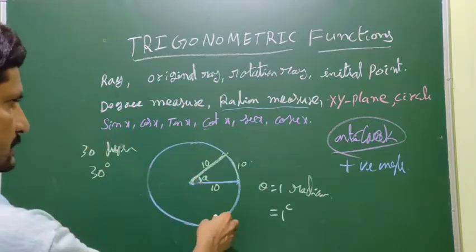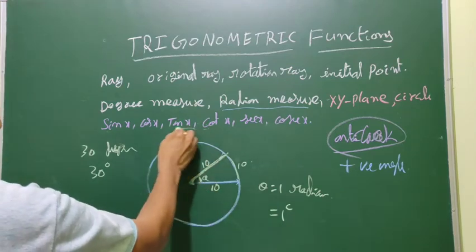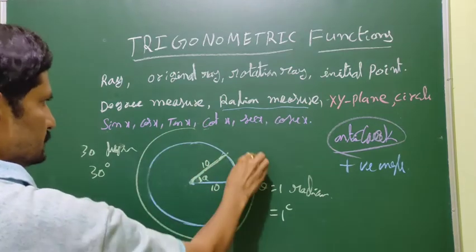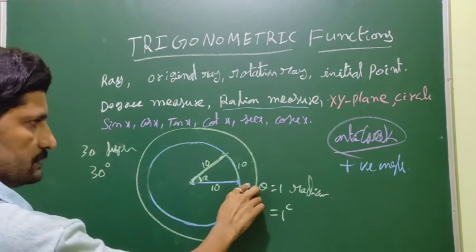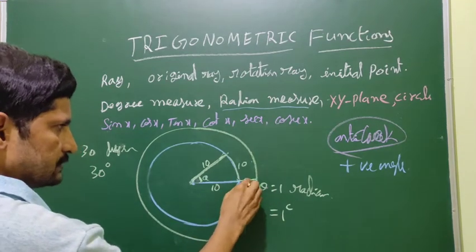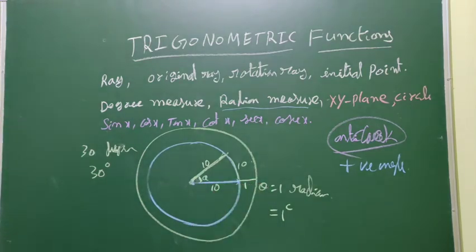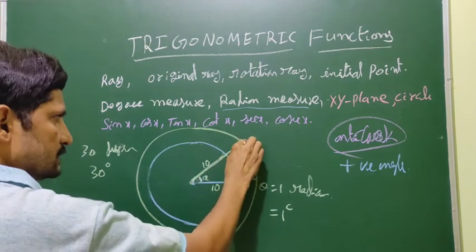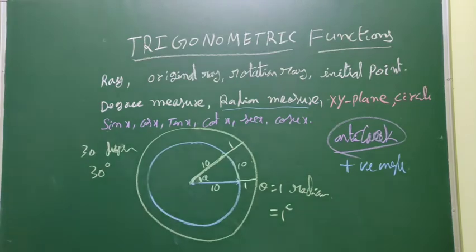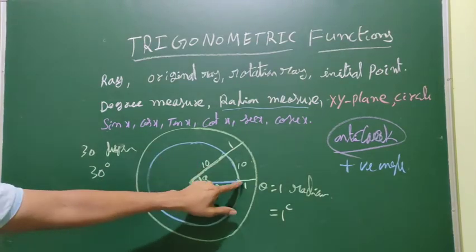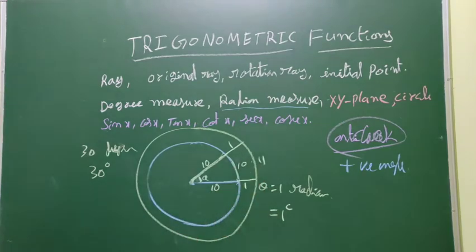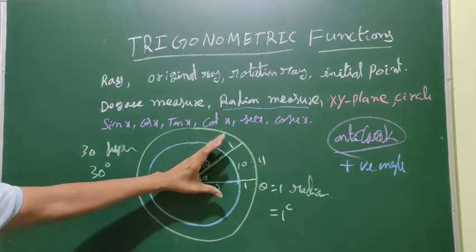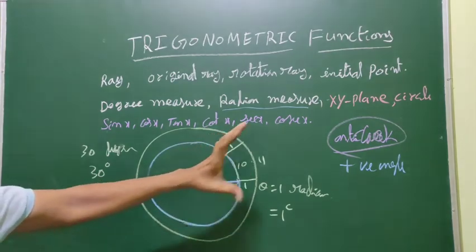Suppose this circle is increased a little. Here I extend by 1 unit, so now it is 11 units. See here, it is 1 unit, it is 11 units. Then automatically this length is also 11, because the radius is fixed.